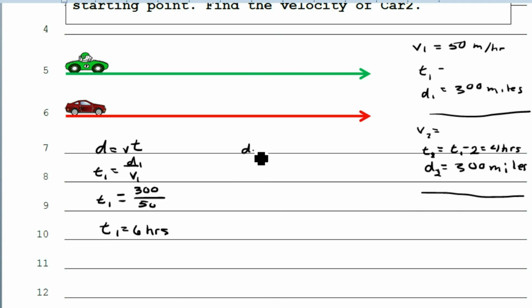We have D2 equals V2 T2, and V2 equals D2 divided by T2. So V2 is 300 miles divided by 4, and V2 equals 75 miles per hour.